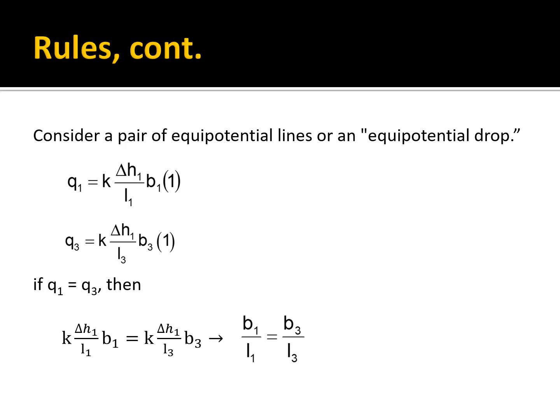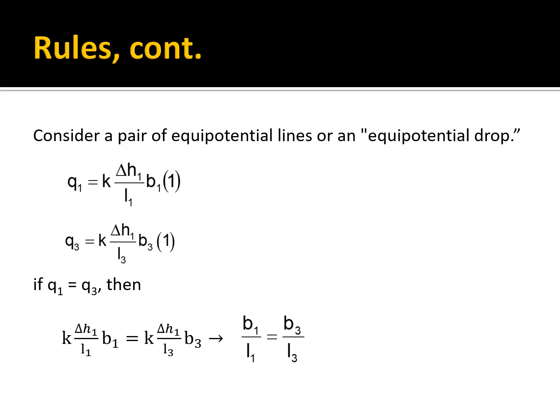We can multiply by 1 to get the area because we're assuming a unit thickness in the dimension perpendicular to the screen. Q3, likewise, we have B3 and L3, but they both have delta H1 because it's the same head drop. And then if Q1 is equal to Q3, we can set these two equal to each other. And once again, divide by K, divide by delta H1, and once again we get B1 over L1.